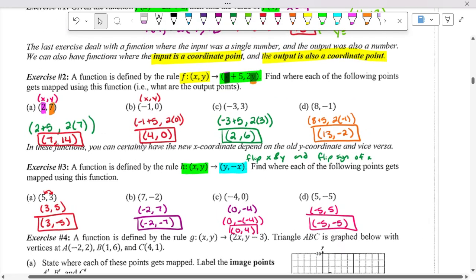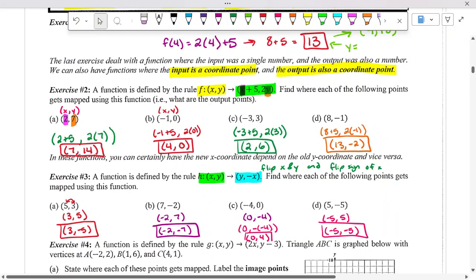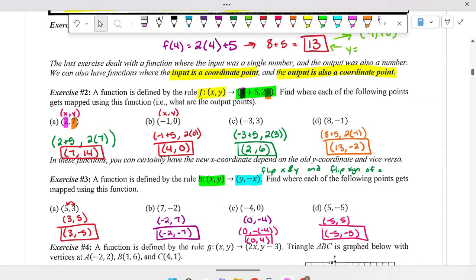So that was from the warm-up this morning. All right, so all we did yesterday was flat out evaluate points using the arrow notation rules.